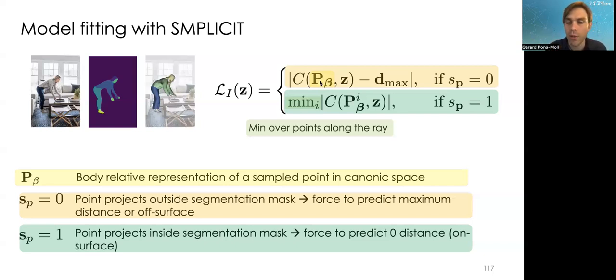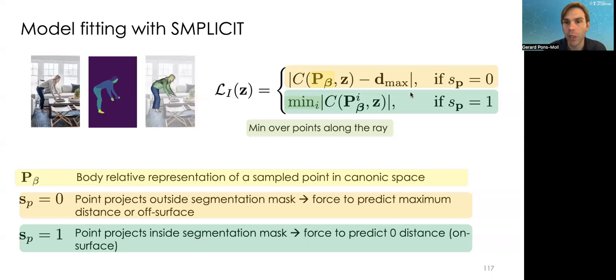So we have two scenarios for sampled points after posing them. One is that SP equals 0. SP is a variable that indicates whether the point overlaps with its corresponding segmentation label, here the t-shirt or the pants or the hair, depending on what the point represents.